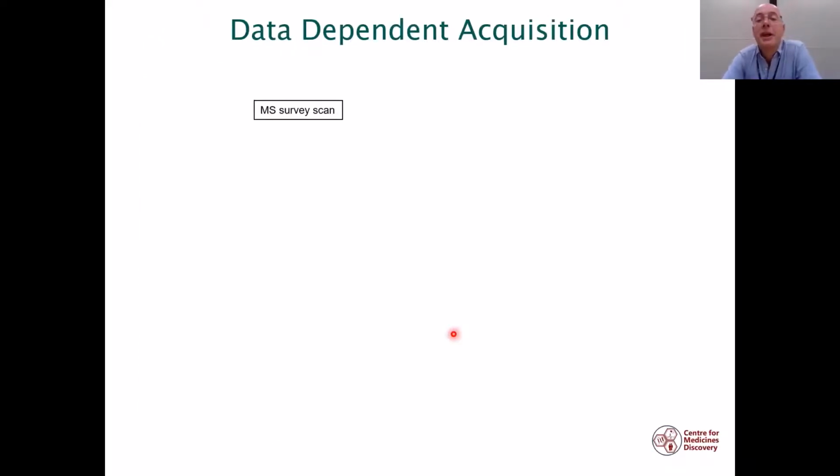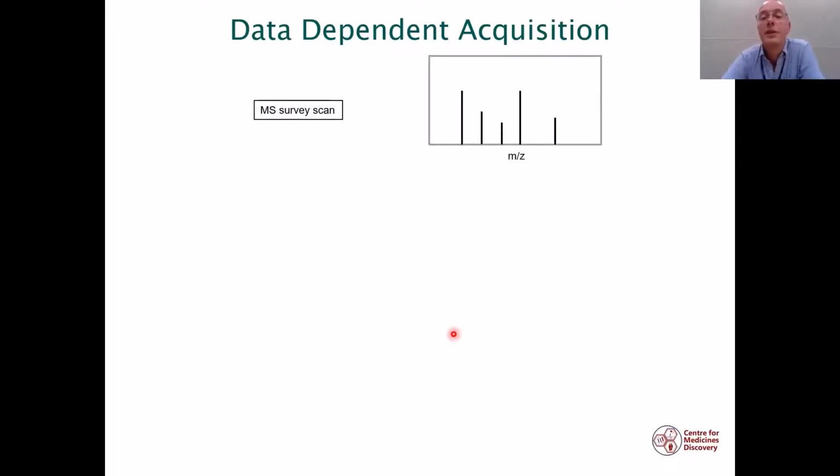So how data-dependent acquisition works is the instrument starts off by doing an MS1 survey scan. So this is our survey scan, and it will identify, as we've shown here, let's say 5 peptides of different mass to charge and different intensities.